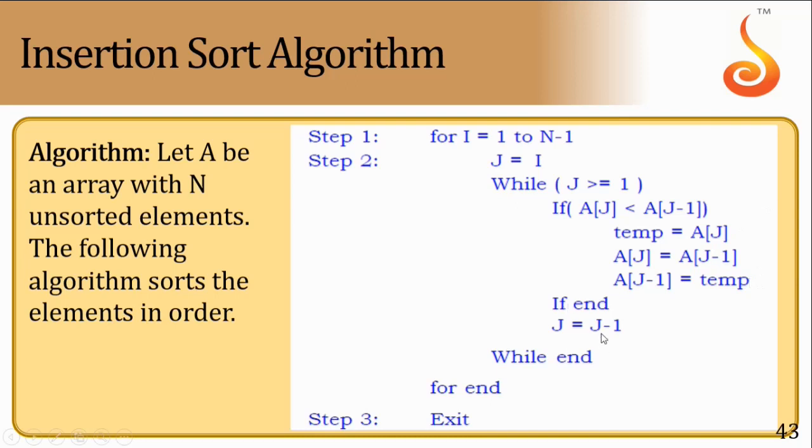before the for, after if inside while only I'm decrementing the value of j by 1. There I had written j minus minus. So either you can write a for or a while, end of while and then end of for.